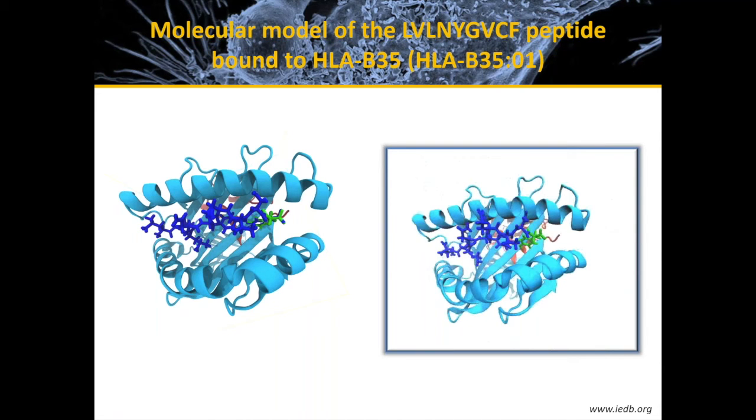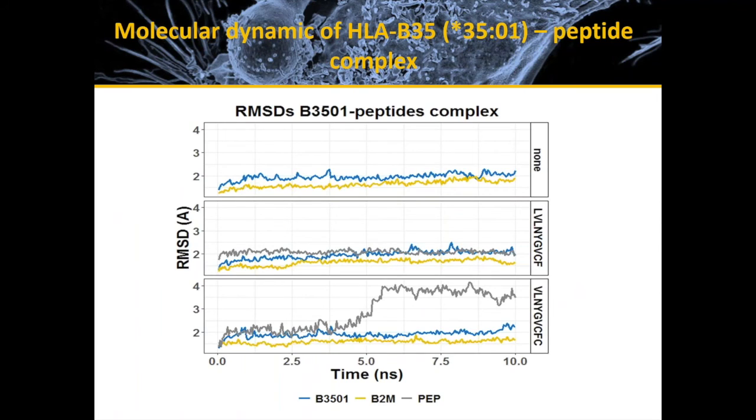Then on the next slide, we compared the root mean square deviation, or RMSD, values for the alpha carbon atoms for the B3501 molecule, beta-2 microglobulin, the predicted best binder, and the predicted non-binder. As you can see from these slides, for the B3501 molecule, beta-2 microglobulin, and the predicted best binder, RMSD values remain stable during the 20 nanosecond simulation, around 2 angstroms during the entire simulation.